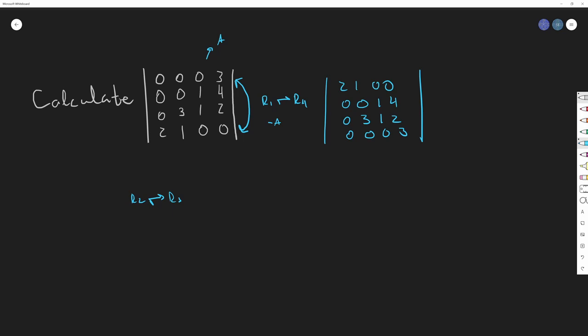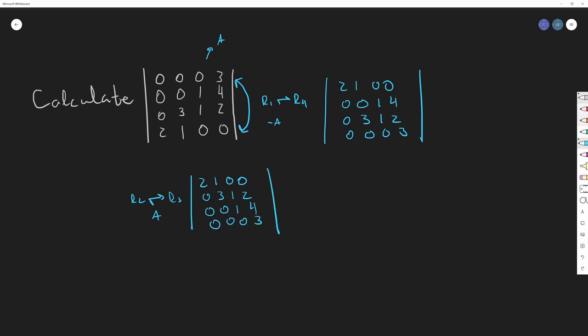Then we multiply that by a negative, which will give us back the original sign, and then it will be 2, 1, 0, 0, 0, 3, 1, 2, 0, 0, 1, 4, and then 0, 0, 0, 3.